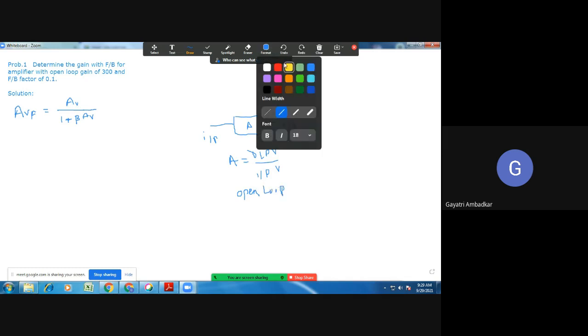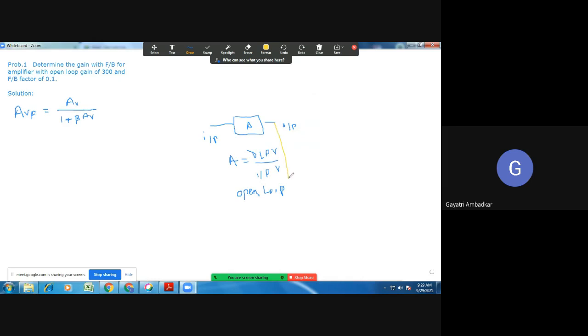Now, to the same amplifier, when I connect feedback, that is, I connect part of the output back to the input, it is now becoming a closed loop. So whatever gain I find in this case, I will call it closed loop gain. Understood? Open loop gain, closed loop gain. Open loop gain means the gain of the amplifier without feedback.